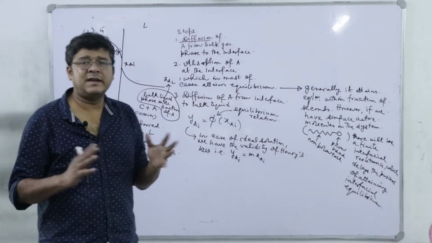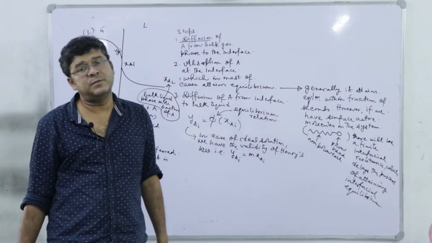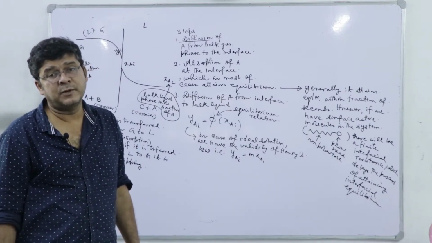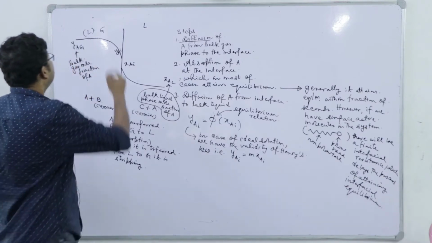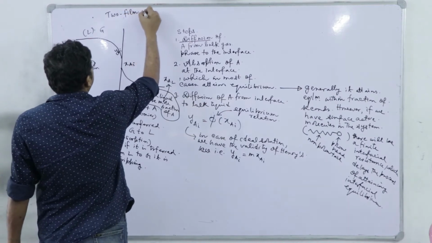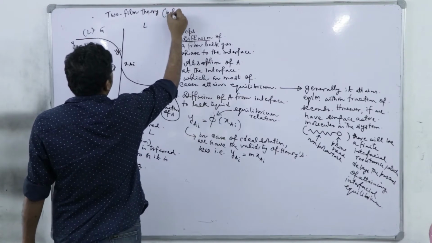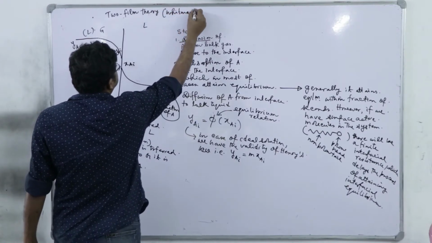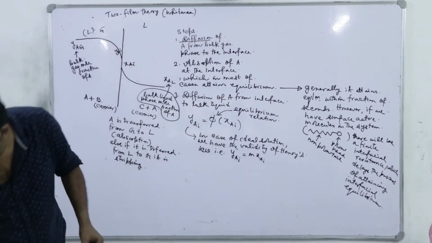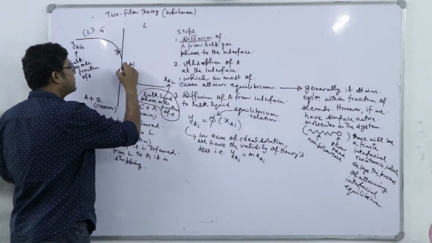So, based on this idea, we can think of two resistances on the two sides of the interface, which means we can apply the typical two film theory as proposed by Whitman. We can think of the two film theory, where the film is the same as that of the film theory of mass transfer.